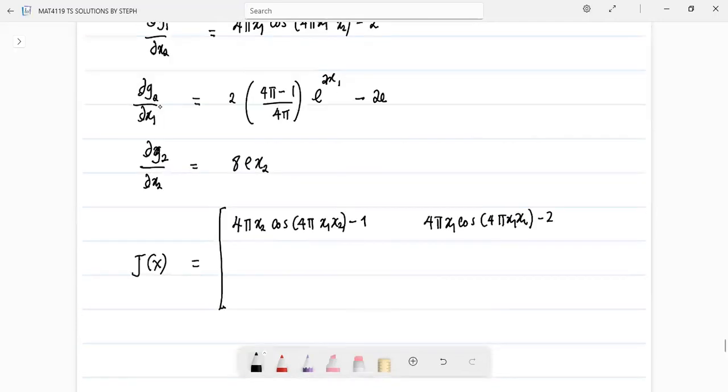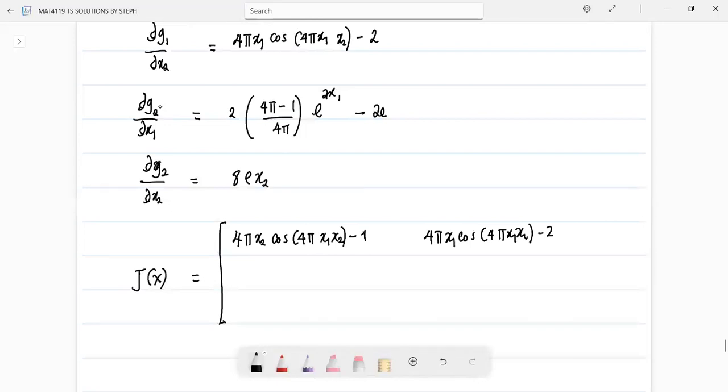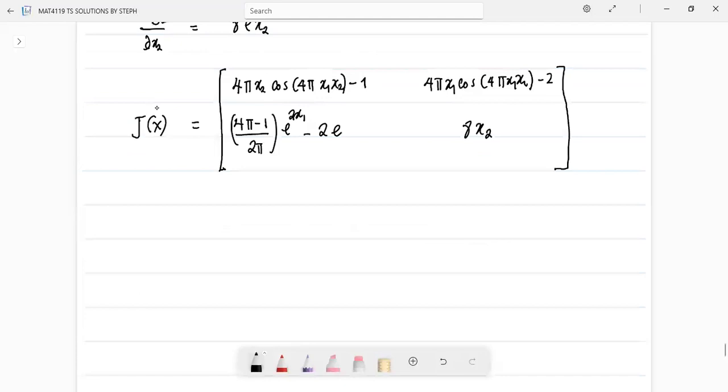In the second row, the 2 and 2 can cancel out, to have 4 pi minus 1 over 2 pi, then e to the power 2x1 minus 2e, and then here we have 8e x2. So this is our Jacobian matrix.